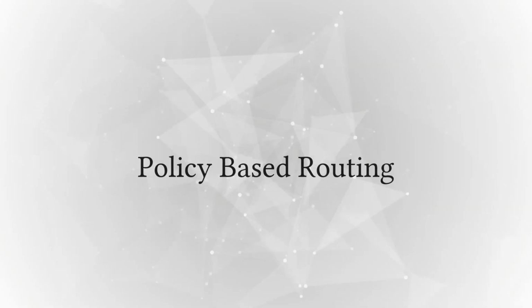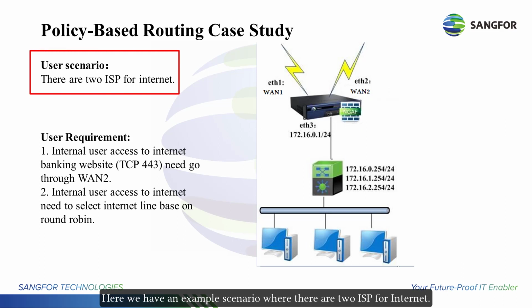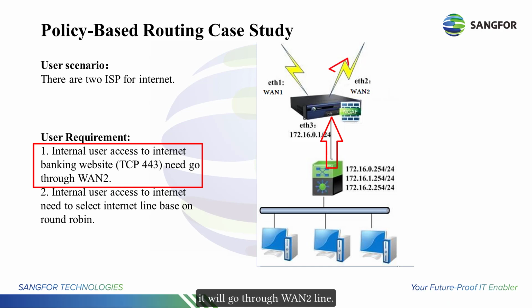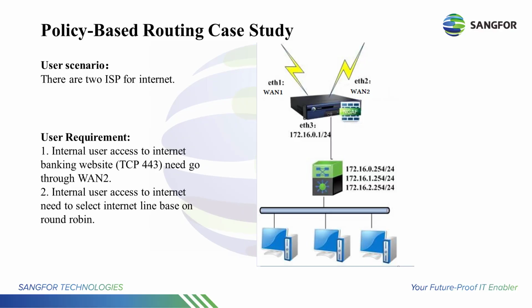Policy-based routing. Here we have an example scenario where there are 2 ISPs for internet. The requirement is that when users access a banking website with TCP 443, traffic will go through the WAN2 line. Next, internal users accessing the internet will use round-robin across the internet lines. We will show you how to configure policy-based routing based on this example.